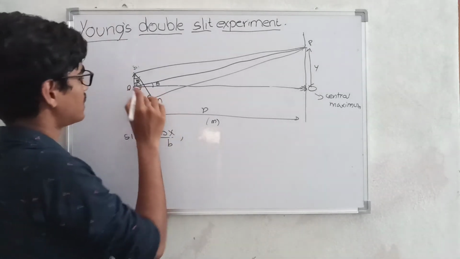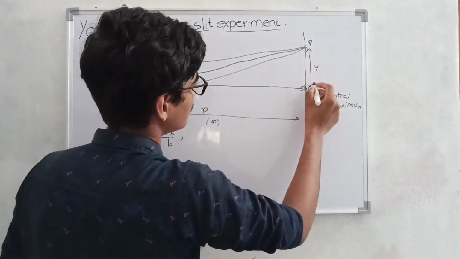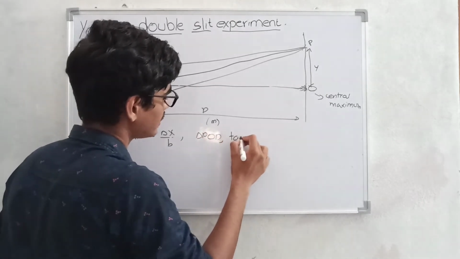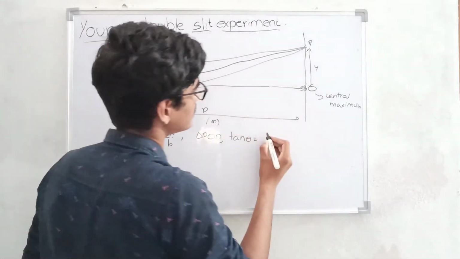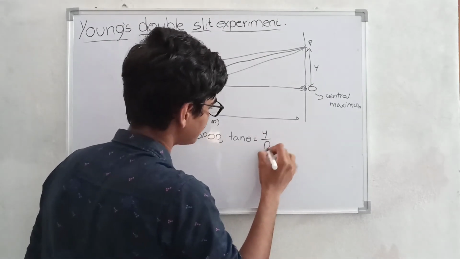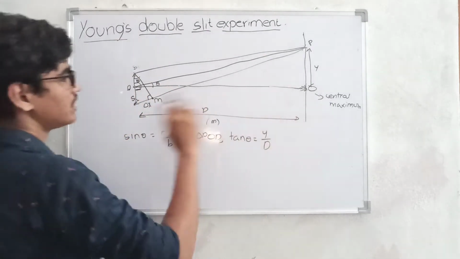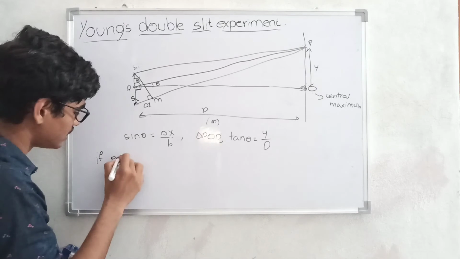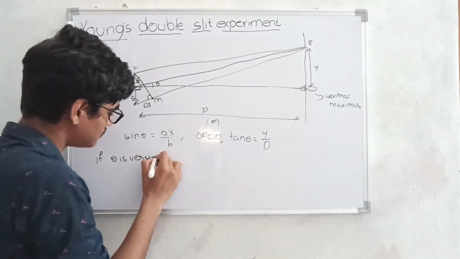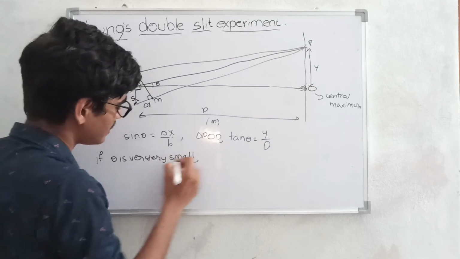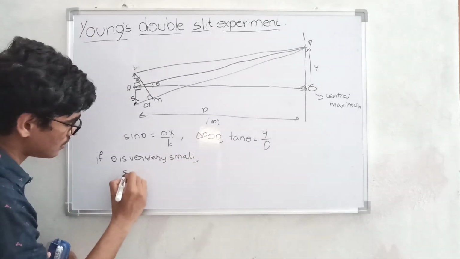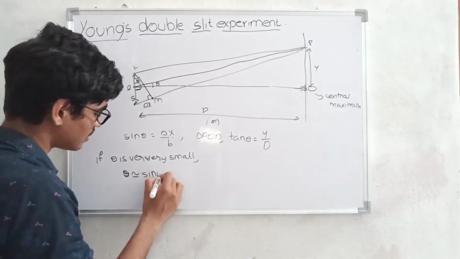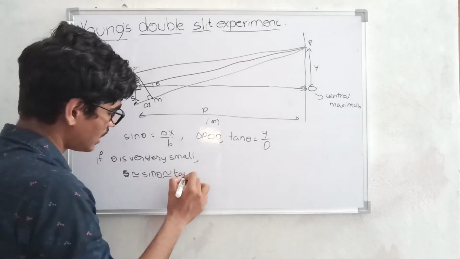And in triangle POD, tan theta is y by capital D. Capital D is the distance between the slits and the screen. If theta is very small, then theta is nearly equal to sin theta, which is nearly equal to tan theta.